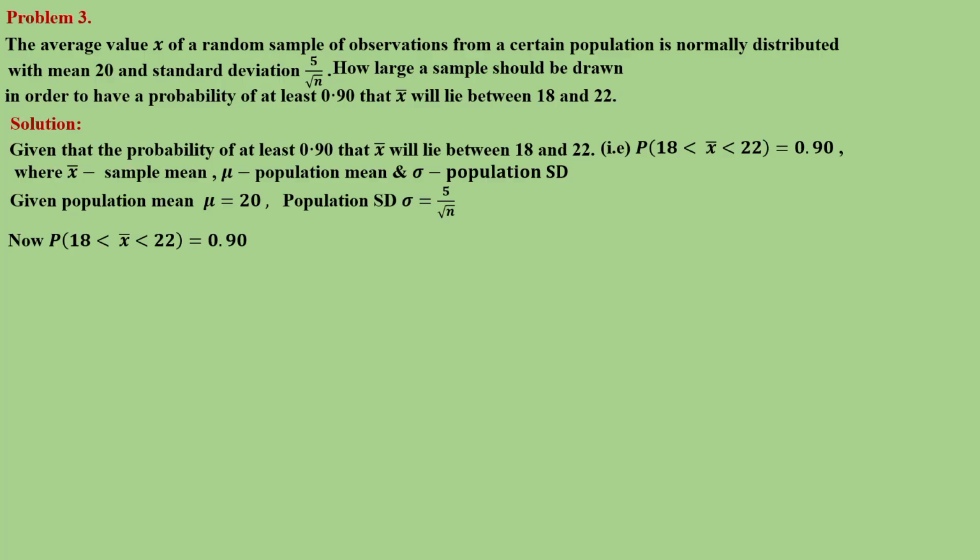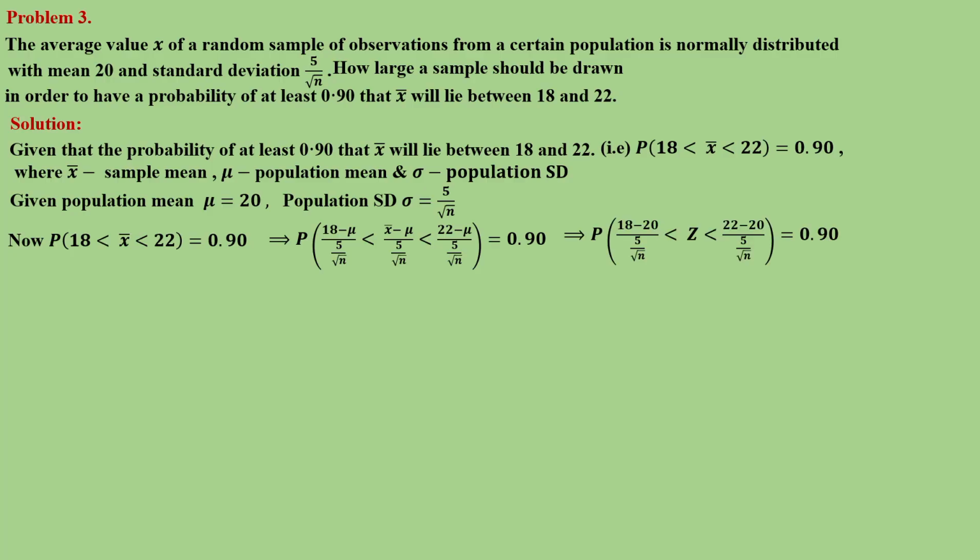So the probability of 18 less than x bar less than 22 equals 0.90. Subtracting mu in each inequality and dividing by sigma, the standard deviation 5 by root n: probability of (18 minus mu) by 5 by root n less than (x bar minus mu) by 5 by root n less than (22 minus mu) by 5 by root n equals 0.90.